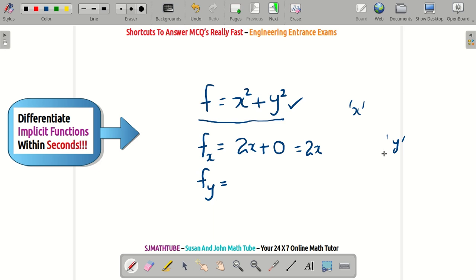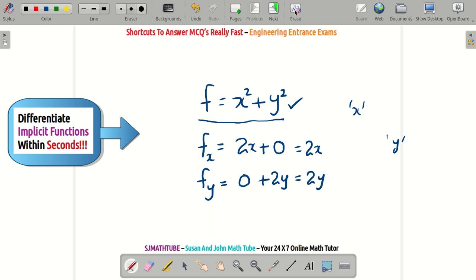That means every variable or every letter which you see in the function other than y will be treated as constants. So it's very easy, 0 plus 2y and that will be equal to 2y.